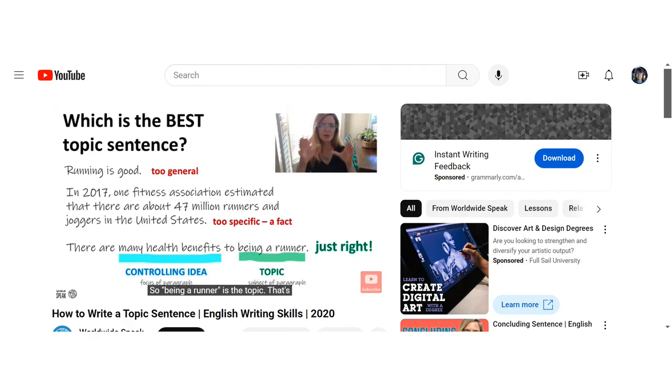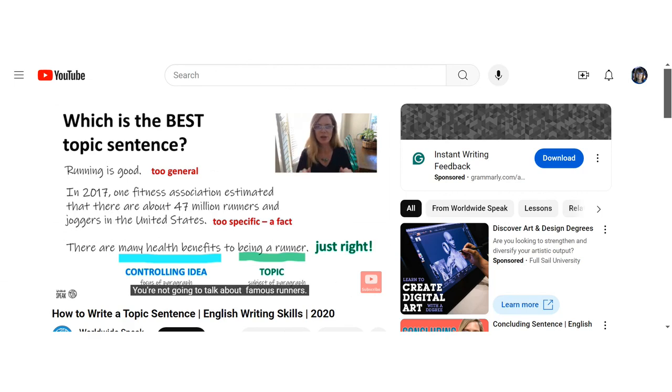So being a runner is the topic, that's the subject of my paragraph. And then the health benefits of being a runner narrowed it down, and that made it my controlling idea, and that's the focus of my paragraph. So when the reader reads the paragraph about the health benefits of being a runner, they know you're only going to talk about health benefits.